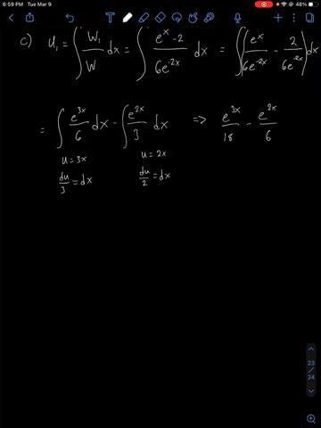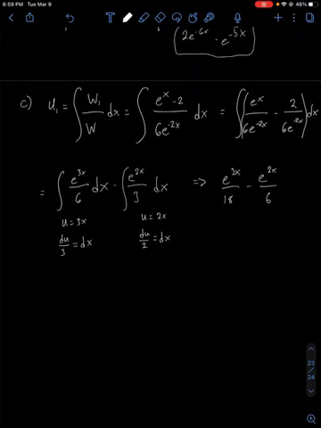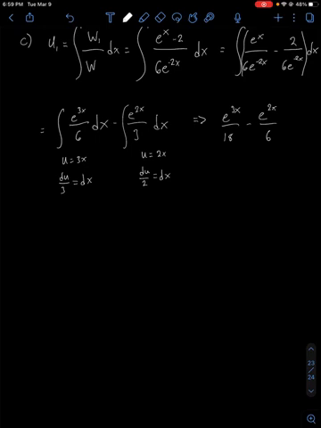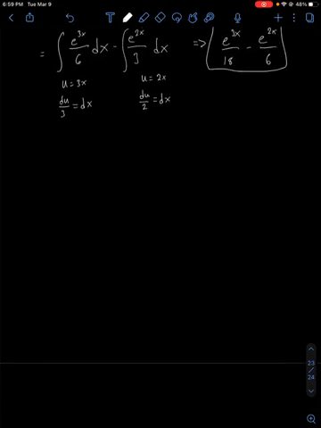And now all we have to do is save this u1, because we are going to use this u1 to multiply it by y1 later on.